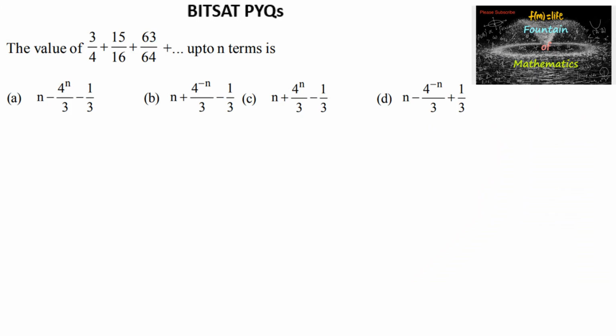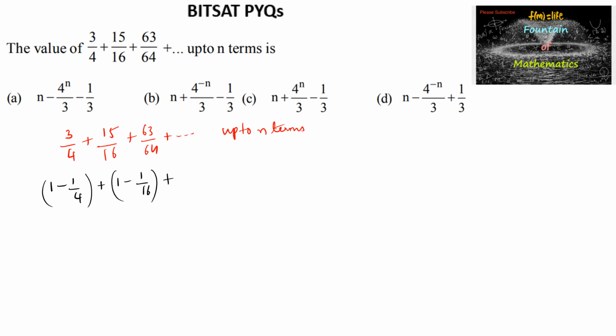We need to find the value of 3/4 + 15/16 + 63/64 and so on up to n terms. So we may write 3/4 as 1 − 1/4, and 15/16 as 1 − 1/16, and 63/64 as 1 − 1/64, and so on up to n terms.